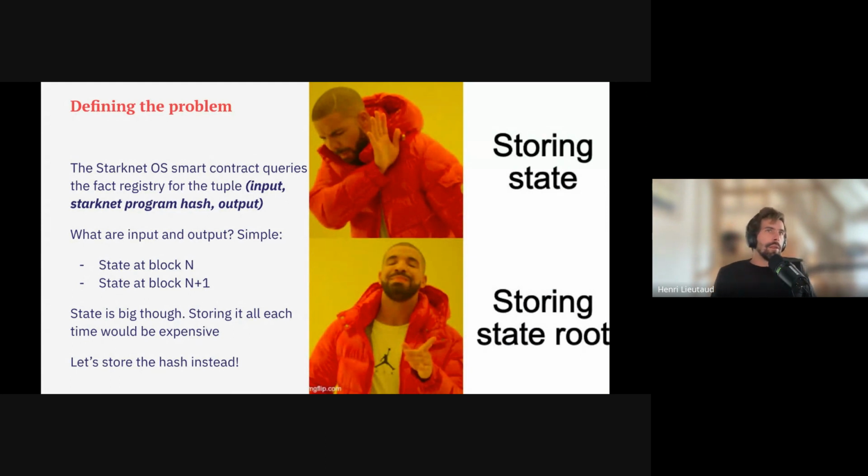In the case of Starknet, as I mentioned, the input is the state at block n, and the output is the state at block n+1. But the full state of Starknet may be in gigabytes. You know, the state of Ethereum is very big, and there's no reason why the state of Starknet wouldn't be big also. So if you do this, at every query, at every fact, you're going to store the full state, and that's very inefficient.